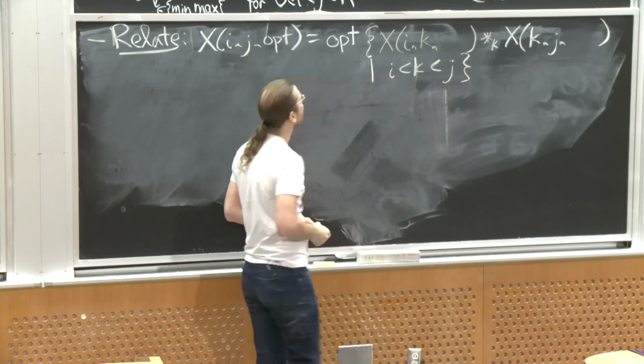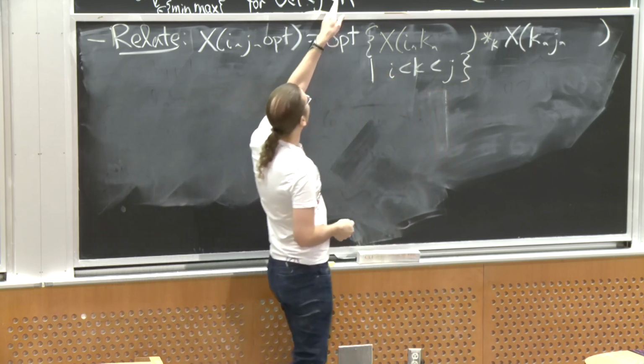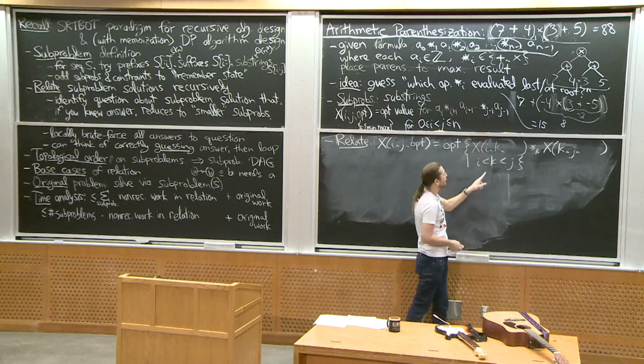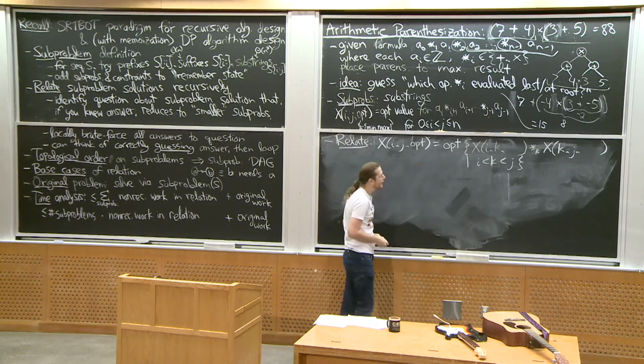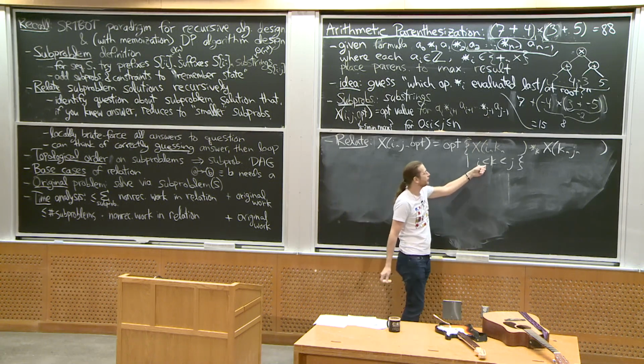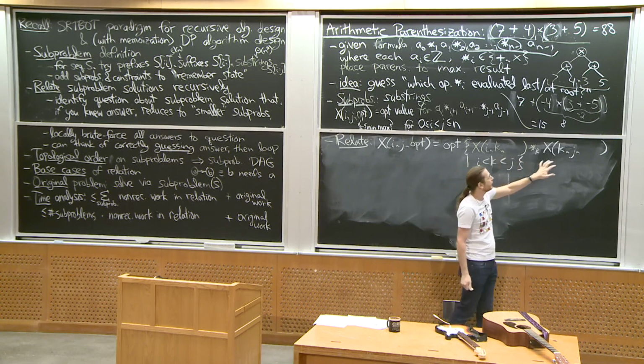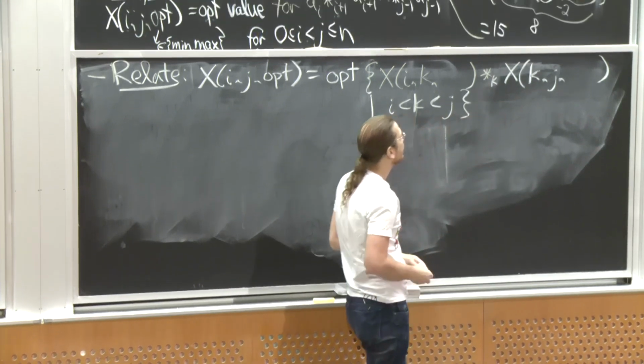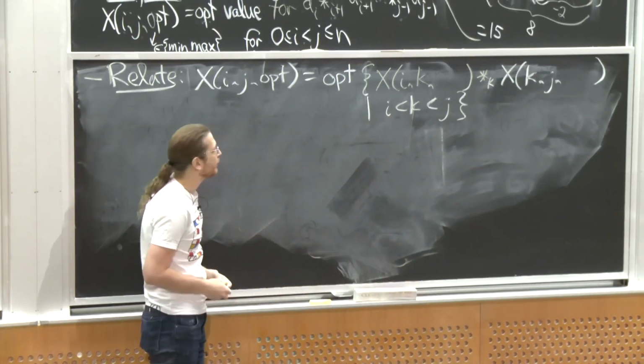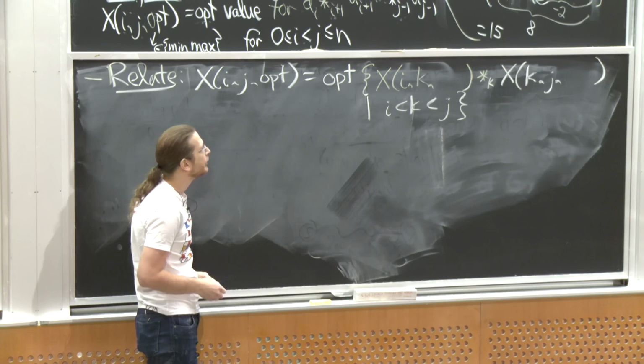So k is some operator in between, because I start at i plus 1 and I end at j minus 1. So those are the possible choices for k. I try them all. That's my local brute force. And then I take what I can get on the left, what I can get on the right, and multiply or add them according to whether that operator is plus or times.